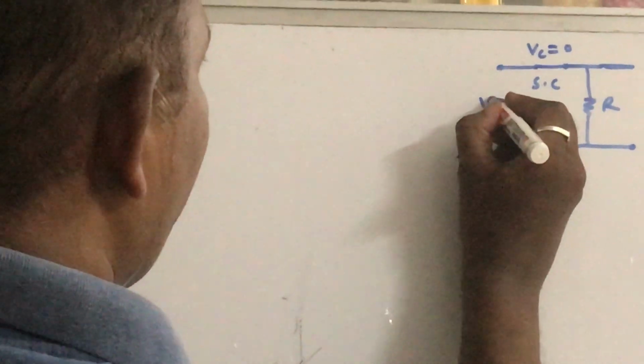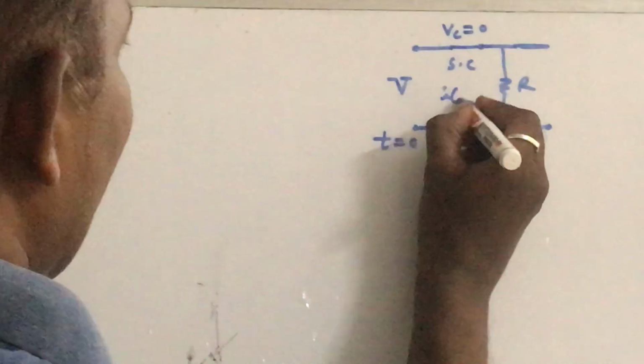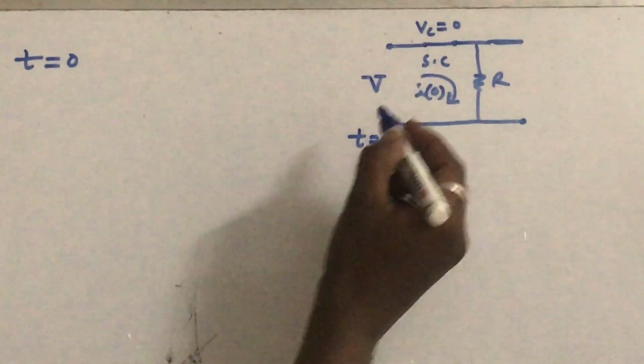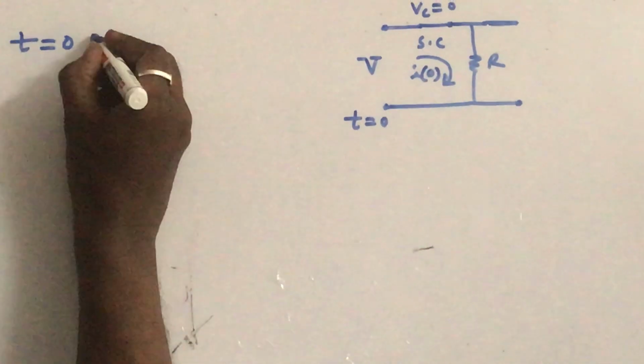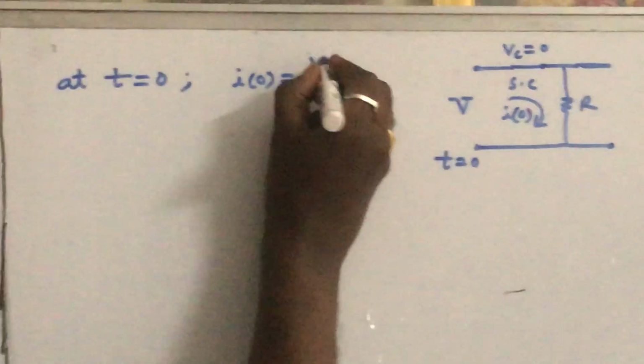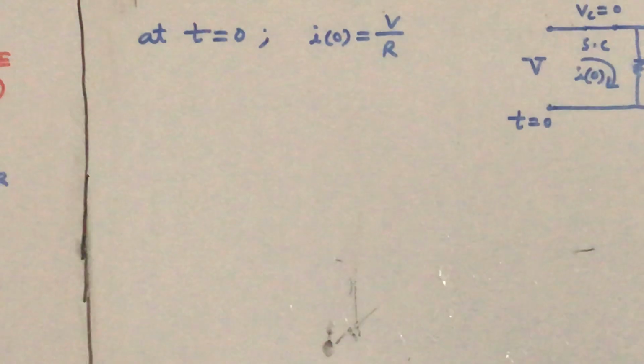The voltage applied to the circuit is V. Let us call this current I of 0. From this circuit, I of 0 is simply V by R.